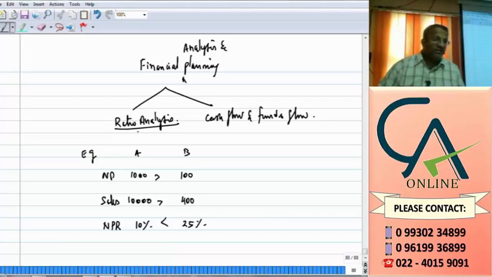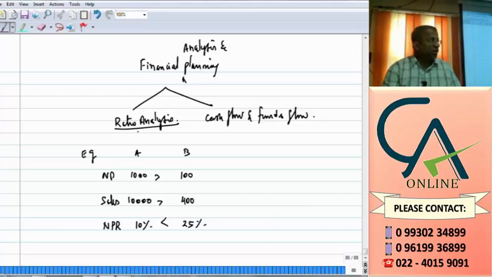Two related figures would not mean this sort of relation. Grandfather, grandchild, not like that. Cause and effect should be there. So, that is called cause and effect. So, the two figures should be related.